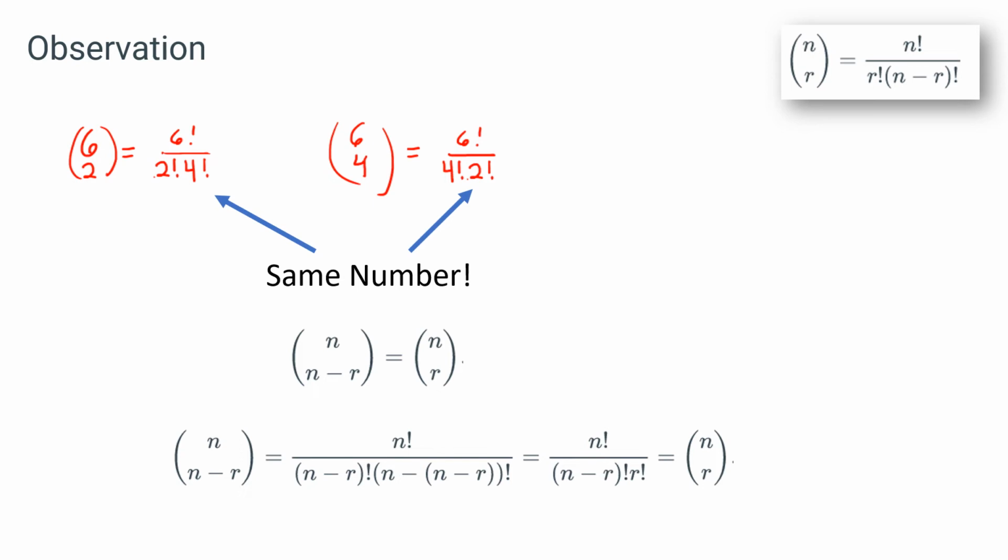Now, it's not that you necessarily have to use this, but sometimes you might be doing two different problems, and you see that you got the same answer, but it was a different combination value you were looking for, and then you might think, wait, I must have made a mistake. But it's just helpful to know that, no, this is what happens. Sometimes you actually end up with the same answer when you do different combination problems with the same top number, because that's just the way this works.